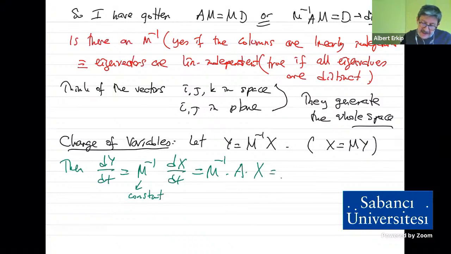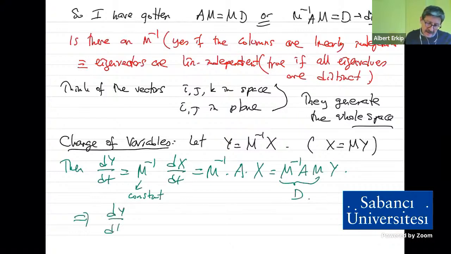But what is x? x is equal to M y. So M inverse A M y. But M inverse A M is D. So I get dy/dt equals D times y.